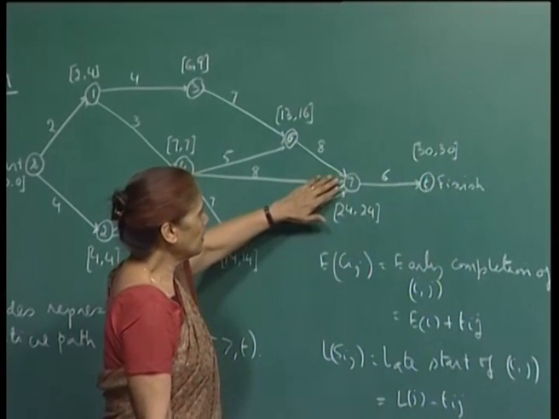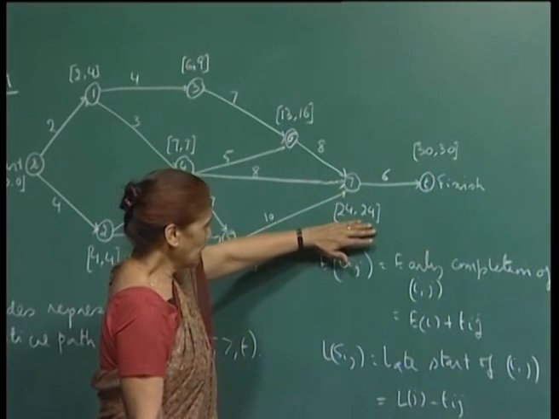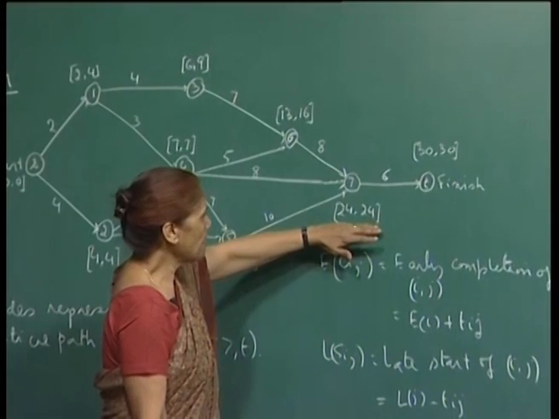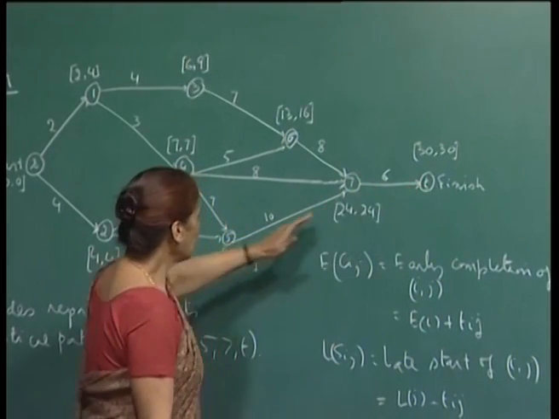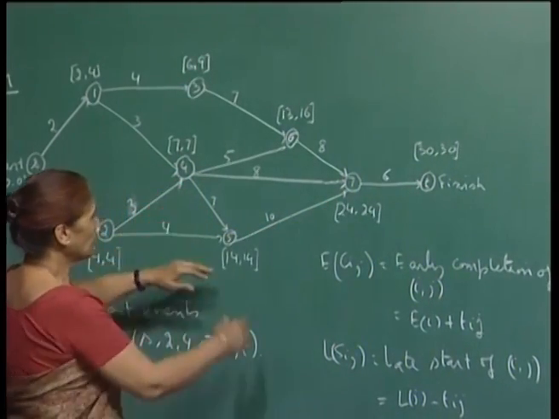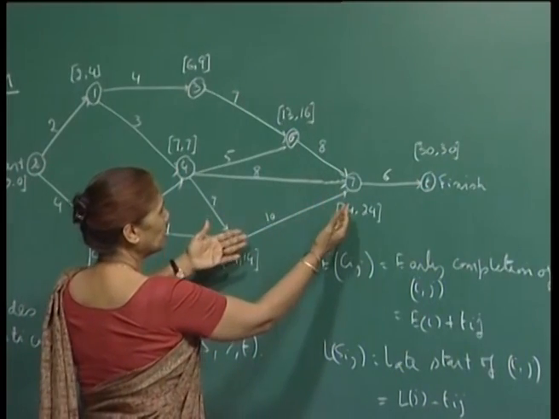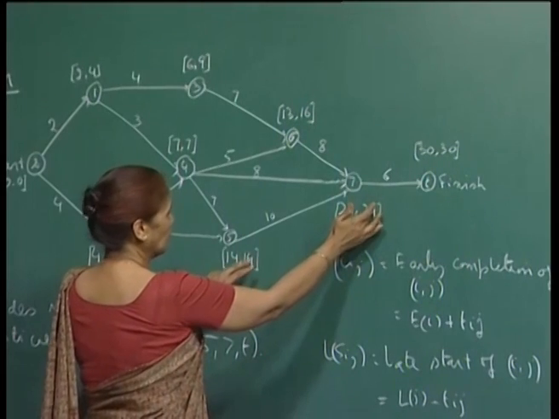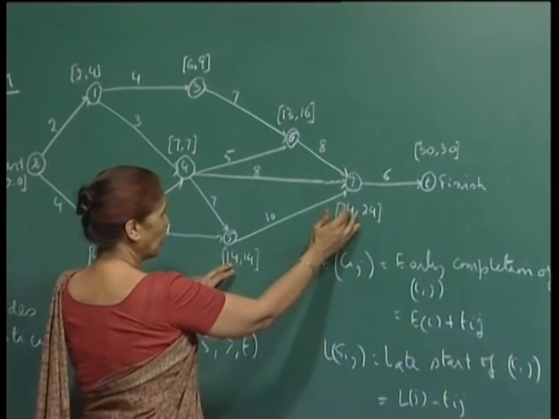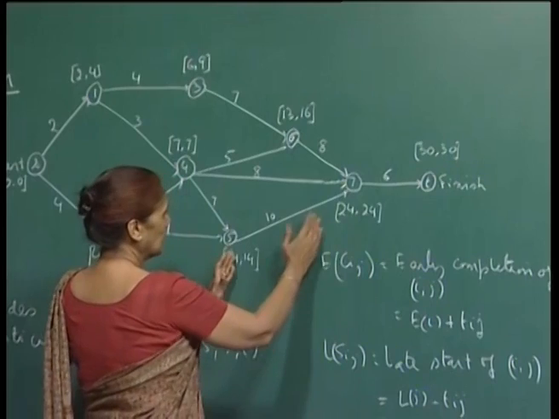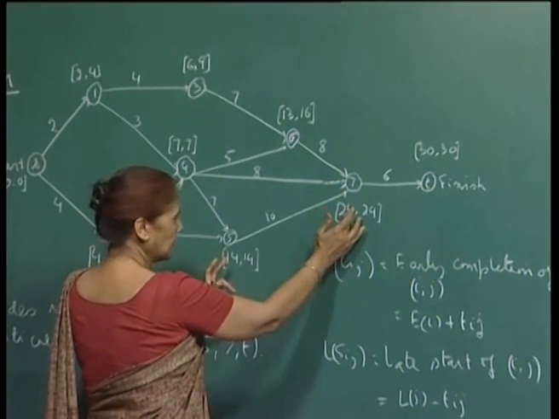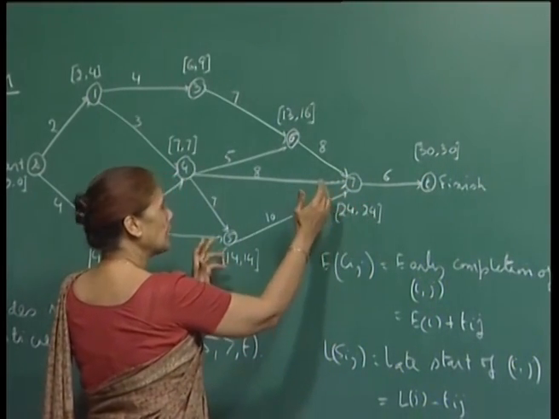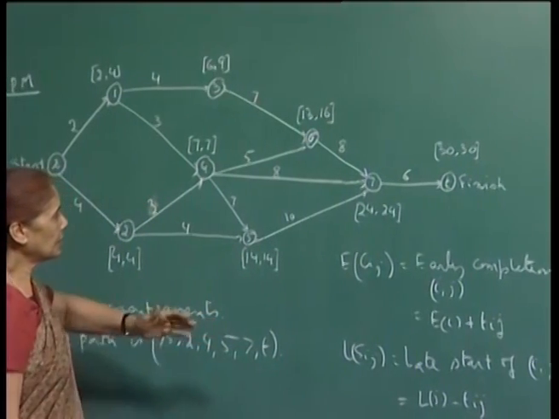Here, for example, for node 7 both the early start and late start are the same, because this is a critical activity, and this way we go on. Therefore, I told you that to compute the critical path you just have to see how this calculation came about. Whichever activity the early start or late start got calculated from will constitute one of the critical activities.